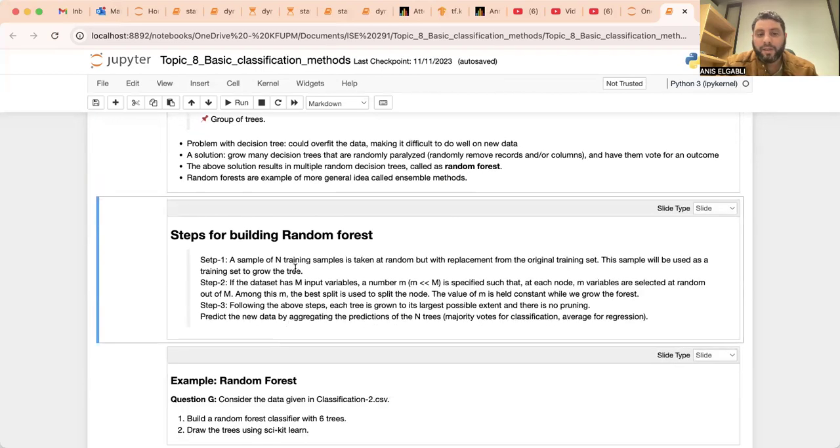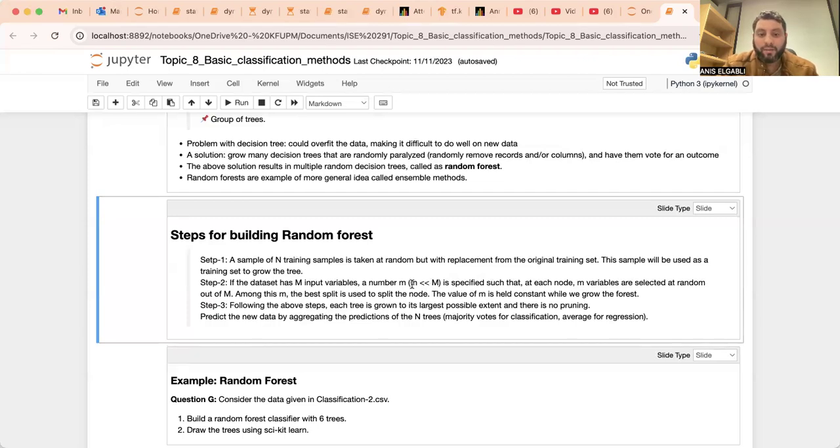Okay, so how do we build multiple trees from our training data samples? The idea is simply that you sample randomly: you take n samples randomly from your data set, with replacement. So the same data sample can be chosen in multiple trees, but with a different combination of the other samples. We randomly sample a number of samples for each tree, and also we randomly choose a number of features.